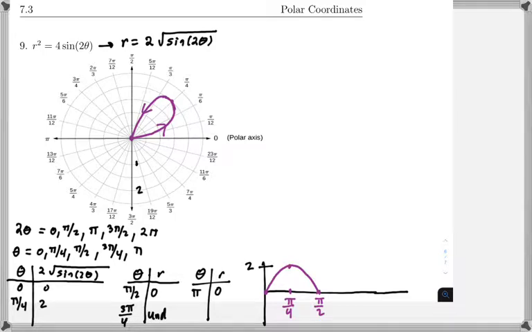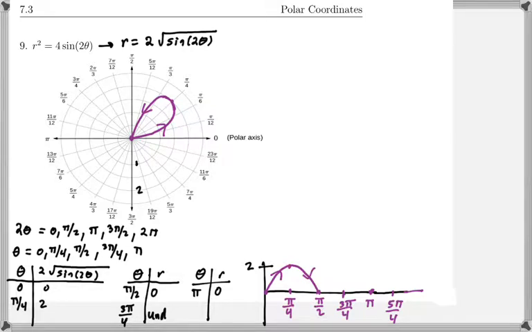And then we got no man's land from pi over 2 to pi, because that's all negative values of the sine, so we can't take the square root of that. We are increasing by pi over 4, so let's keep going. So if we go to 5 pi over 4, it's going to repeat itself.